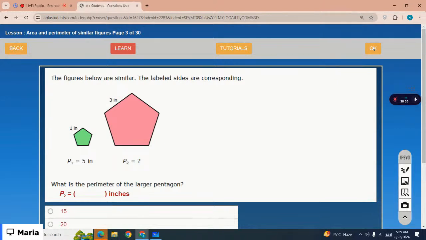The figures below are similar. The labeled sides are corresponding. So which is the correct option?